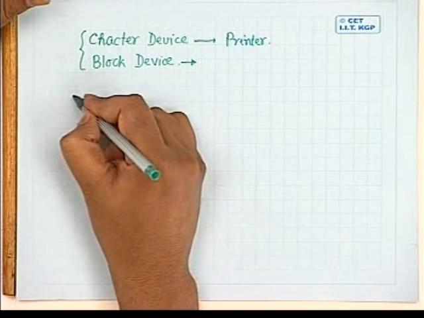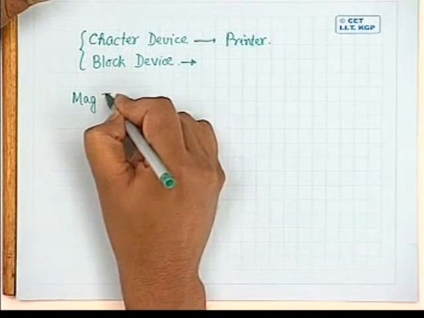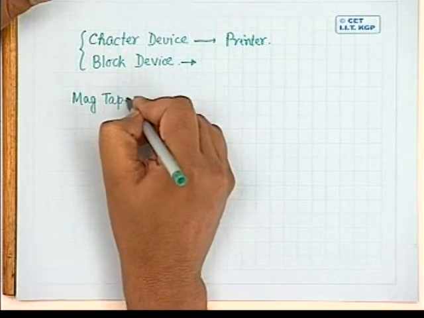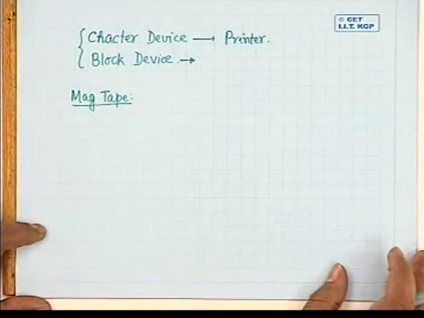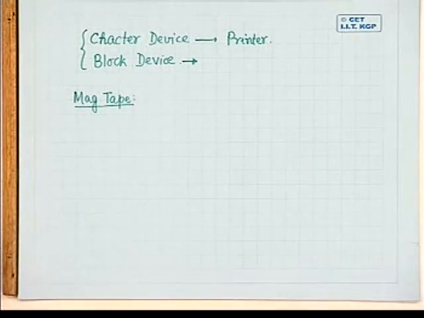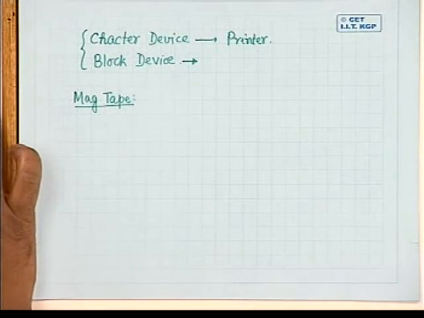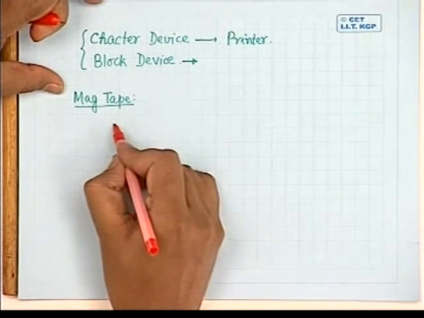If we simply have a mag tape, that is a serial access storage device. You know that a mag tape is a long tape coated with some magnetic material. When you write, the data is written in the form of magnetic orientation.